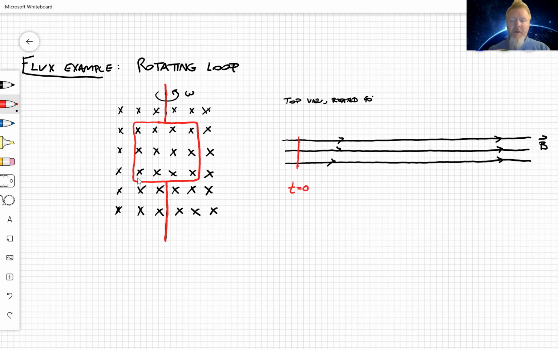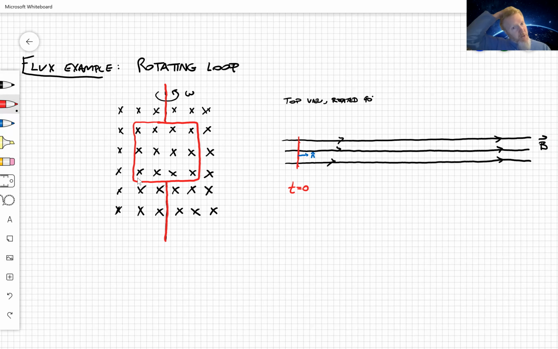Arbitrarily, we can consider the area vector, the little unit normal n hat, to be pointed perpendicular to the area. Arbitrarily, we can consider that our starting point, and that is lined up with the field.